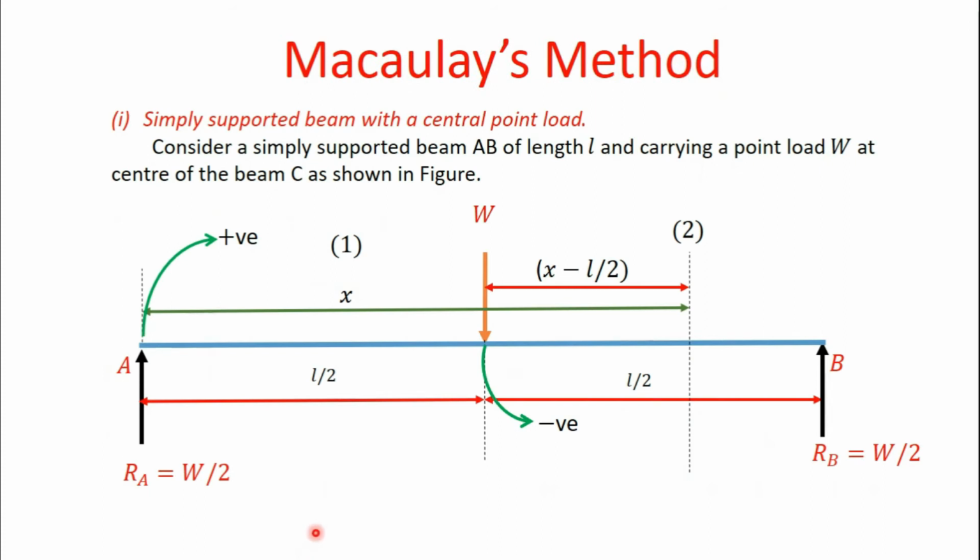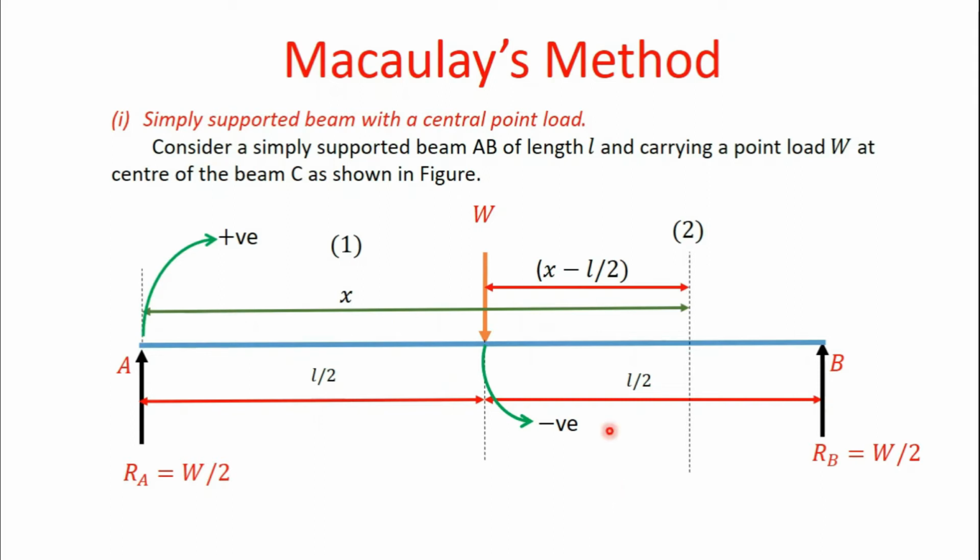So starting with a simply supported beam, I am considering a simply supported beam on which load W is acting at the mid span, at the mid of the beam, and the length of the beam is L, so W is acting at L by 2 from the left end, and L by 2 from the right end. One thing keep in your mind that clockwise moment is taken to be positive, whereas anti-clockwise moment is taken to be negative.